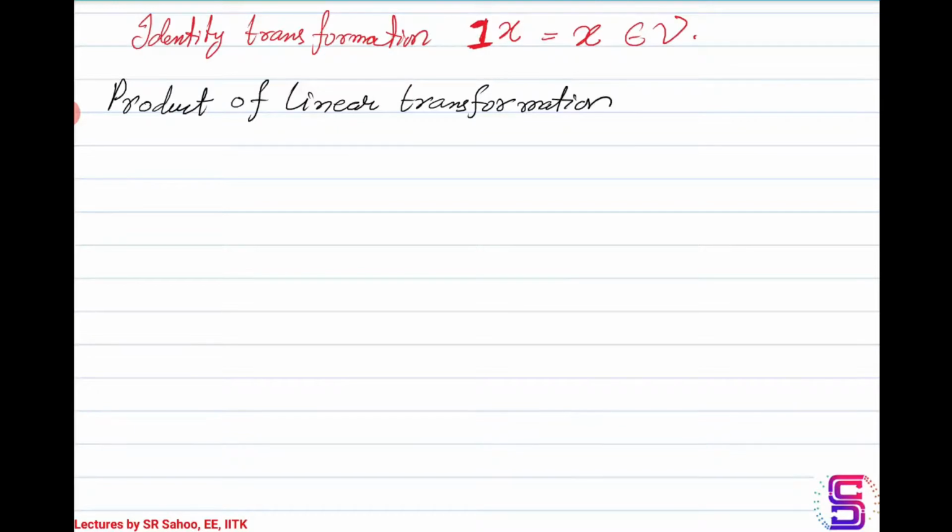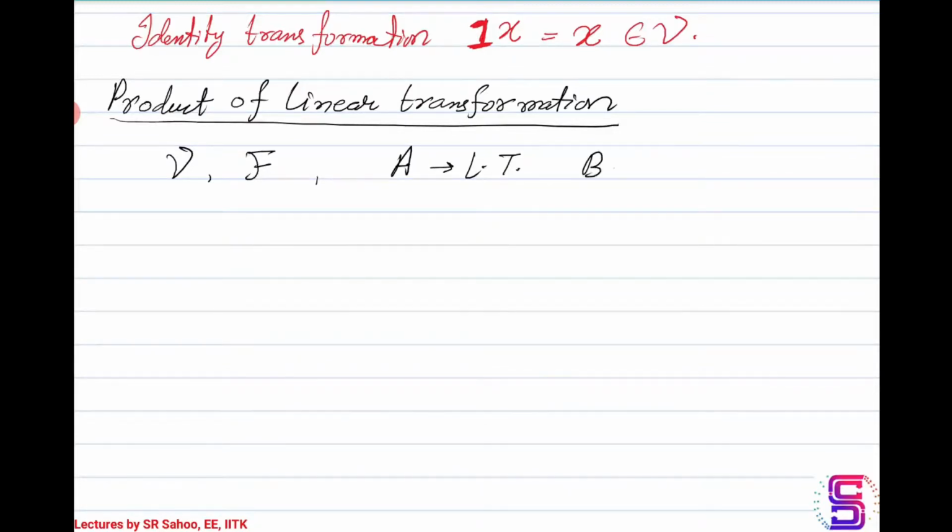So, how is this product defined? Let's say that we have a vector space V and the associated field is F, and suppose there is a transformation A, which is a linear transform, and there is another transformation B, which is also a linear transformation.